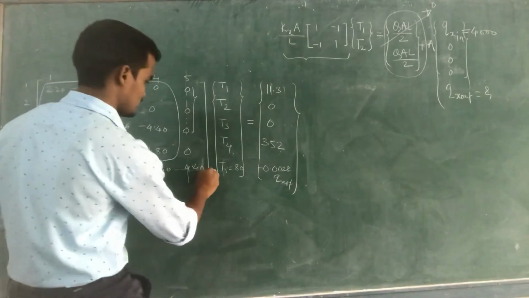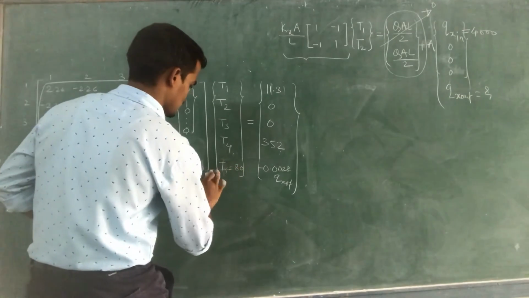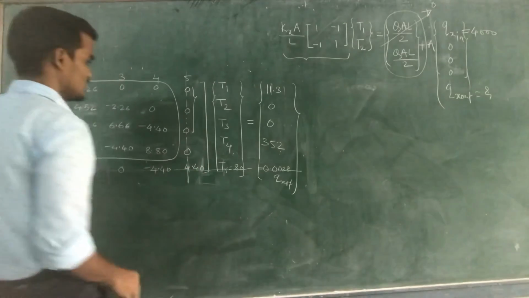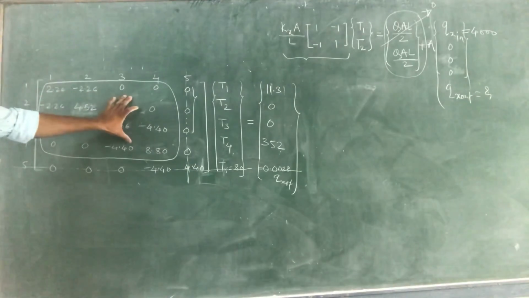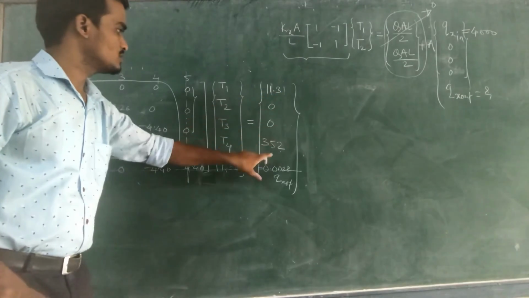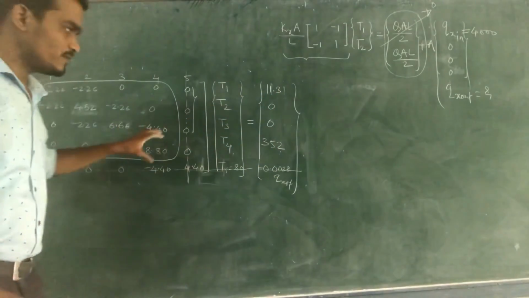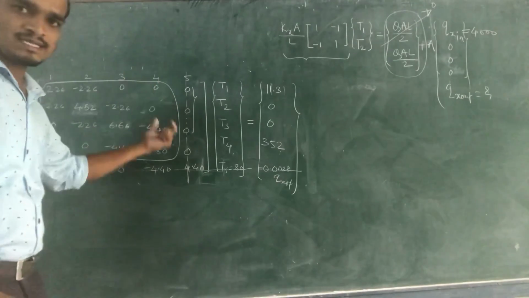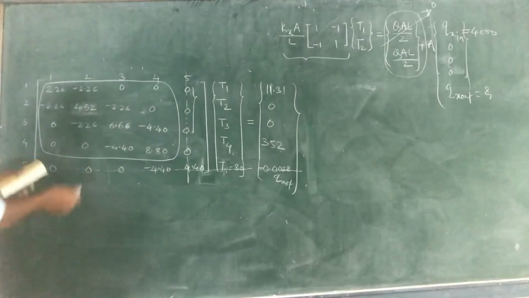So this is eliminated. So this 4x4 matrix into T1, T2, T3, T4 is equal to 11.31, 0, 0, 352.